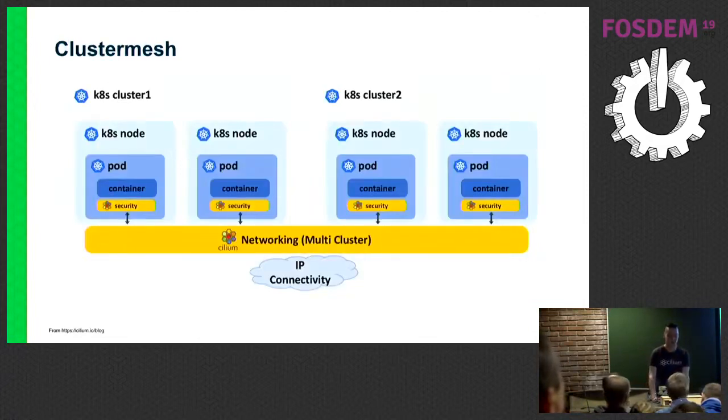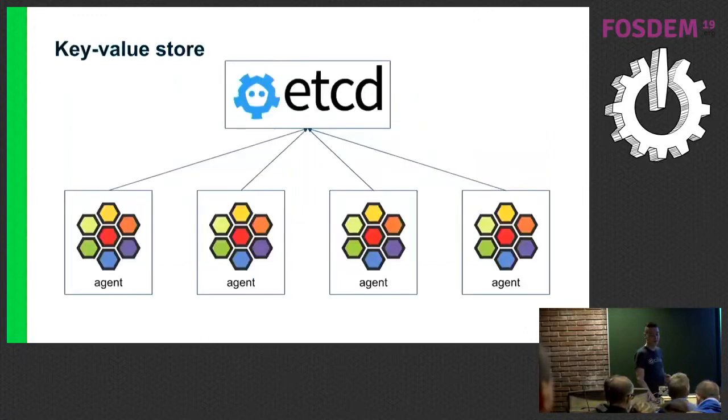And there is also a concept of cluster mesh. So if you have multiple Kubernetes clusters, Cilium actually can connect the pods from different Kubernetes clusters, and it provides the IP connectivity for those pods and also security rules for that. And it's done mostly because of one underlying mechanism.